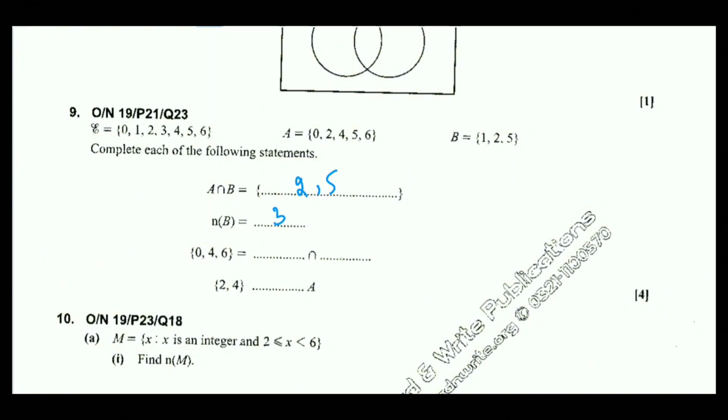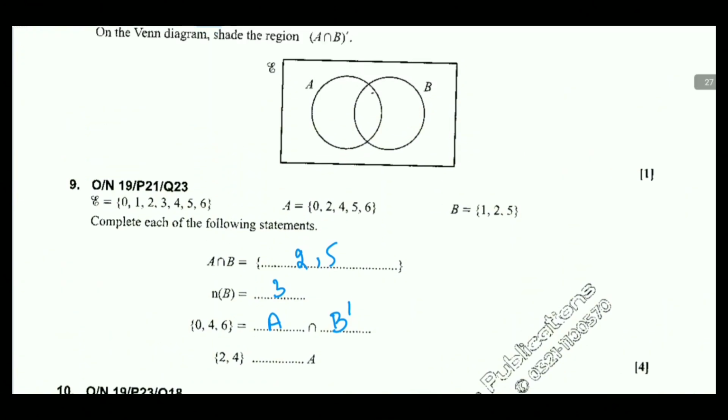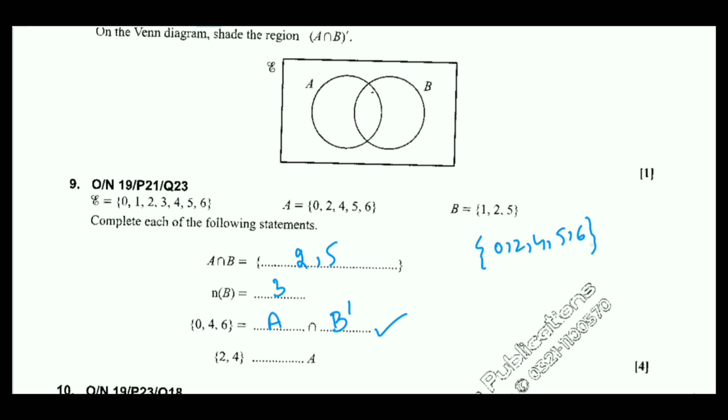0, 4, 6 is equal to dash intersection dash. So it is A intersection B complement. 0, 4, 6 is A intersection B complement. You have to use your mind to solve this question. Like A is 0, 2, 4, 5 and 6.